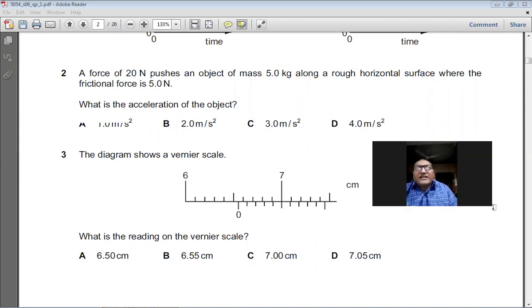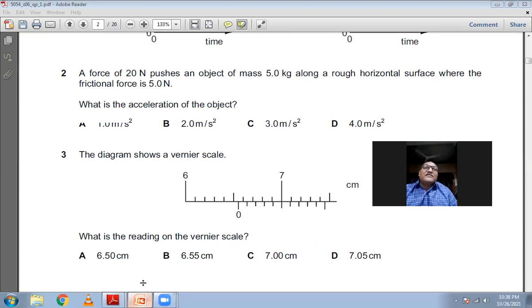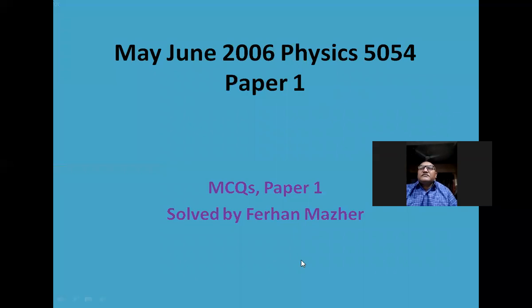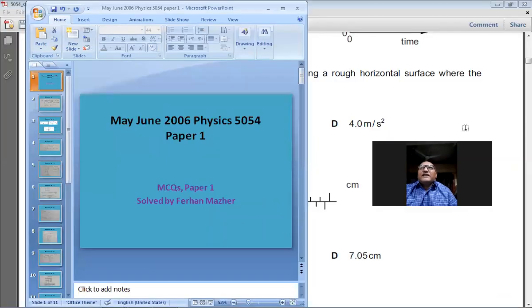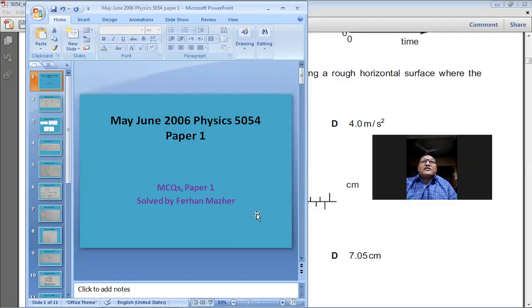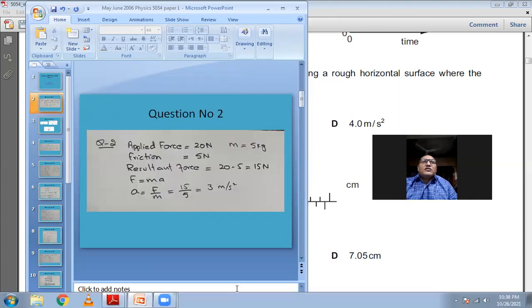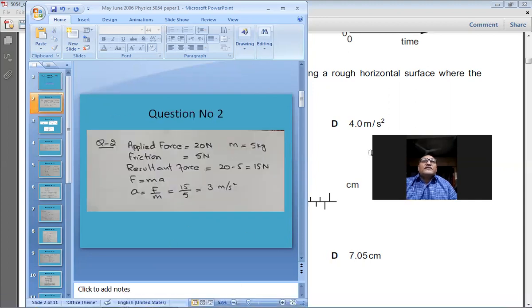So I can find the acceleration by using Newton's second law of motion, that is F equals ma, and a will be equal to F by m. Now you can see that the applied force is 20 Newton and the mass is 5 kg.